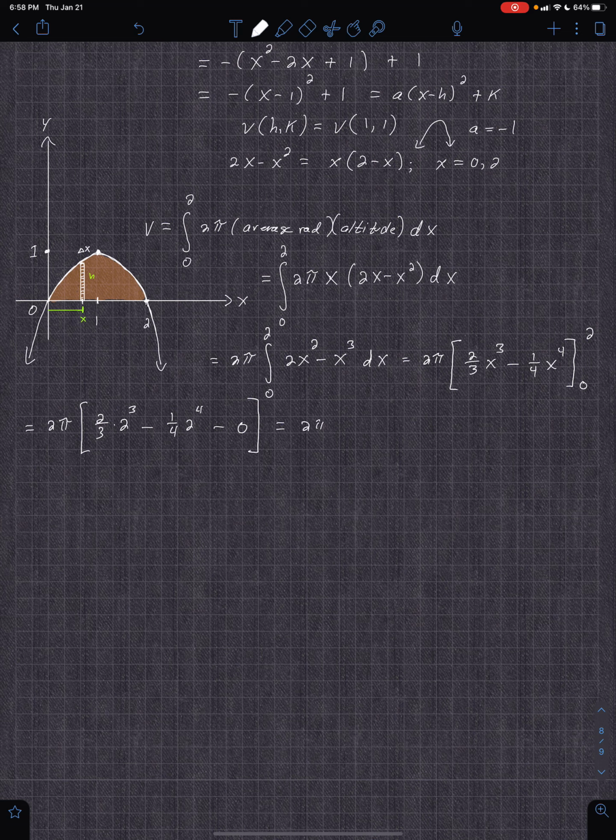So it's 2 pi times 8 times 2, so 16/3, minus, and then 2 to the 4th is 16, right? Because it's 4 times 4. Or one way to do this is 2 squared, but that's over 4. So it's 4. So minus 4.